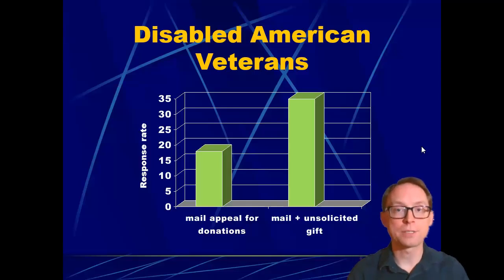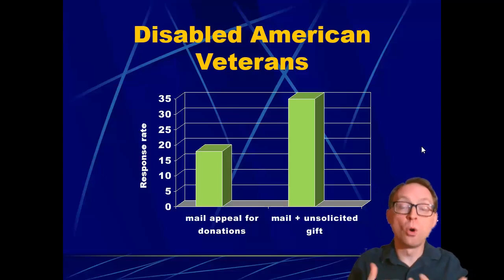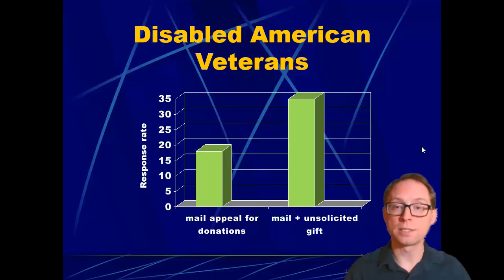Address labels cost what, like 5 cents to print and give out, and at 35%, they're not donating 35 cents apiece. What they're doing is getting 35% of the people to give a donation to this particular charity. The idea is, if we give you something simple, a free gift, even as simple as address labels, it makes you feel, oh boy, now I want to give them something: a norm of reciprocity.